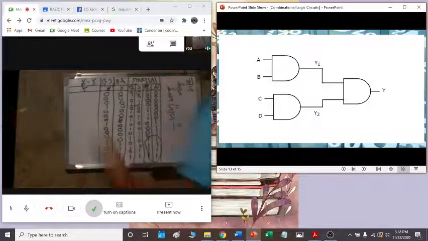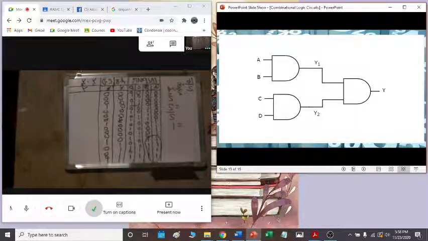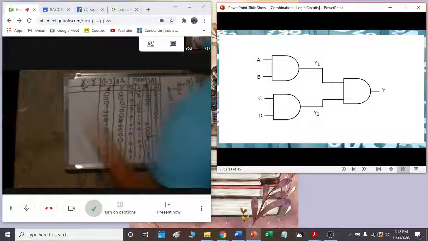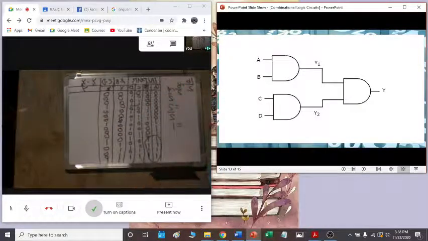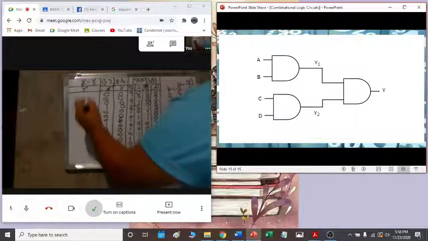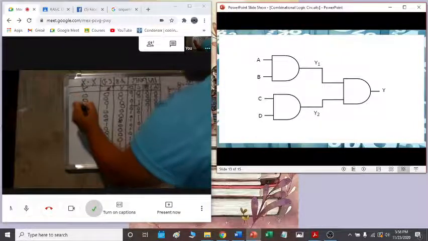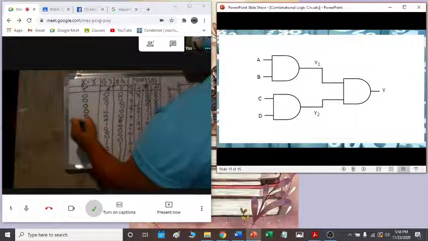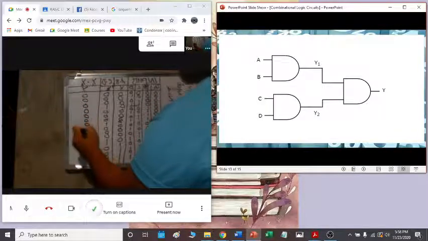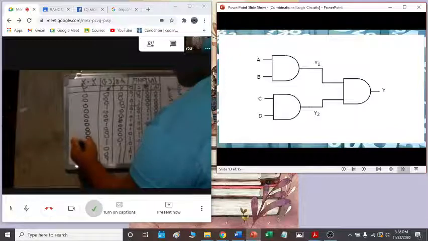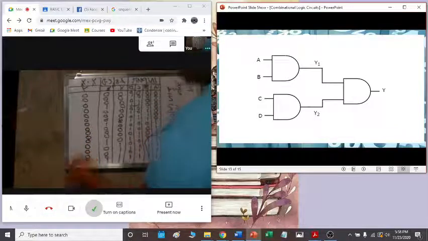And then you answer Y1 times Y2, which is the last or final output of our combinational logic circuit. So since it is an AND gate, our Boolean expression is still multiplication. 0, 0. Still 1.